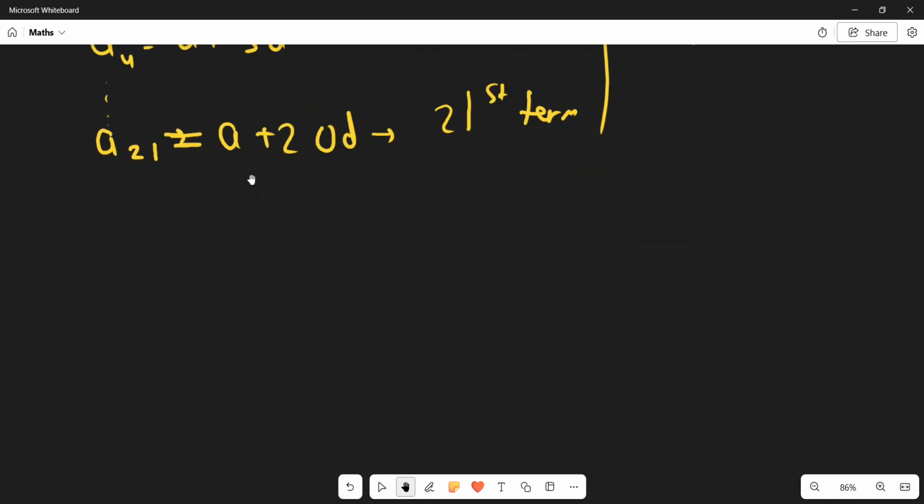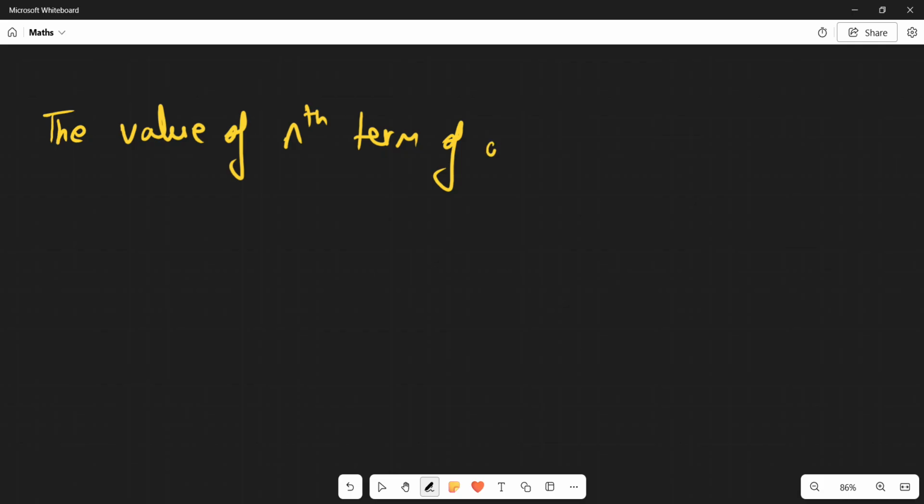Moreover, I would like to tell you the formula for calculating the nth term of a sequence. The value of the nth term of an AP is given by an, and an can be calculated as a plus n minus 1 into d.